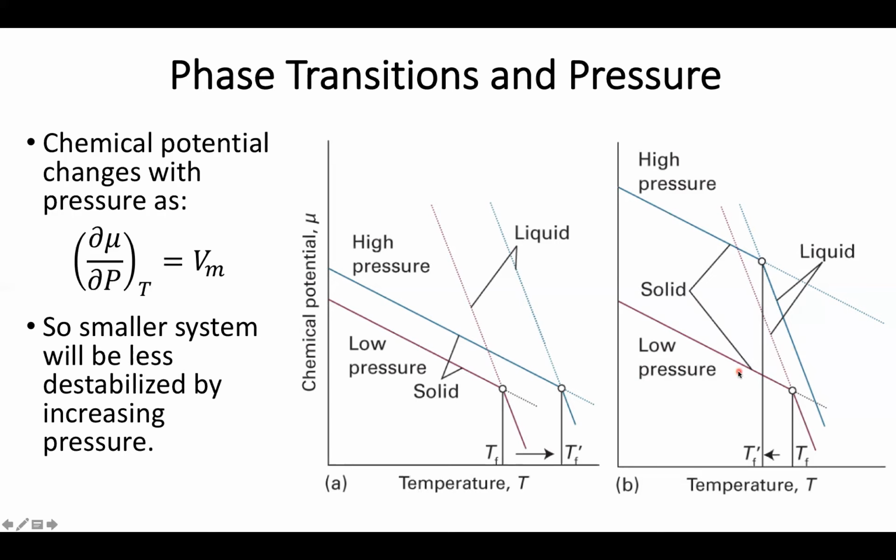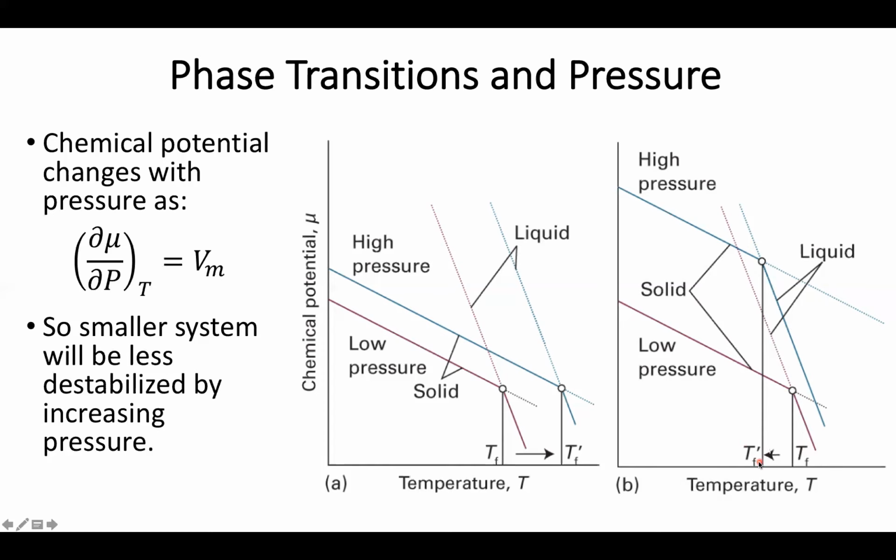In the case of water, ice is less dense than the liquid, which means as I apply pressure, I'm going to favor the liquid form of water over ice one. So we'll see a much greater increase in the chemical potential of the ice and a much smaller increase with the liquid. And what this does is it shifts the fusion point to a lower temperature, resulting in a decrease of the transition temperature.